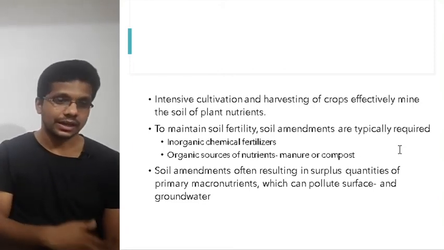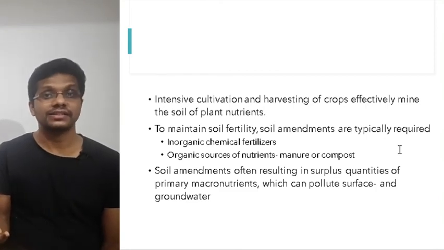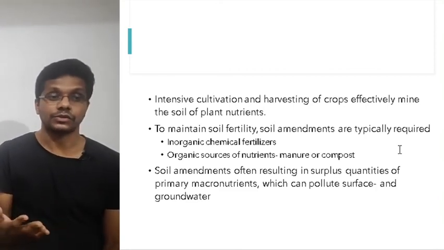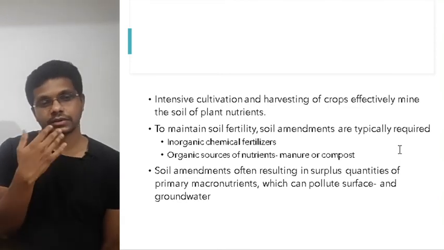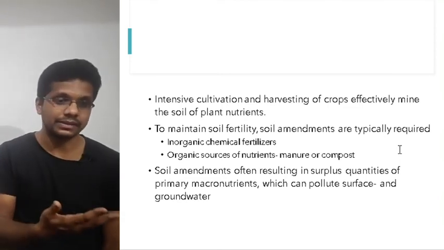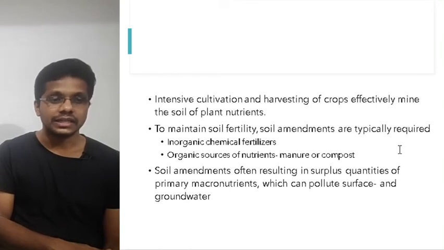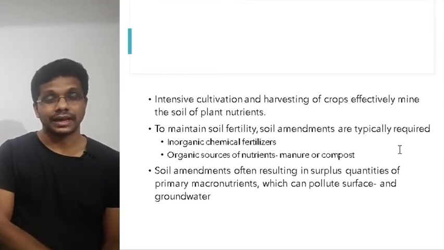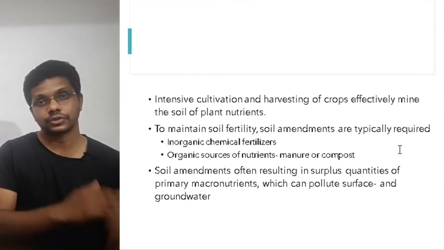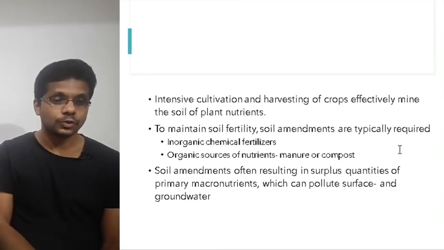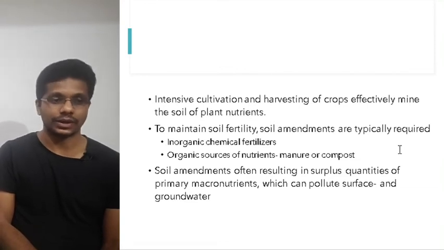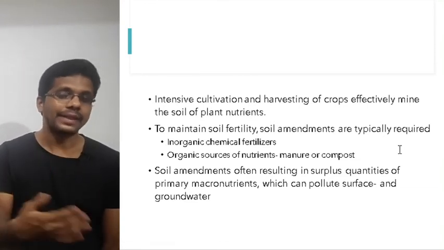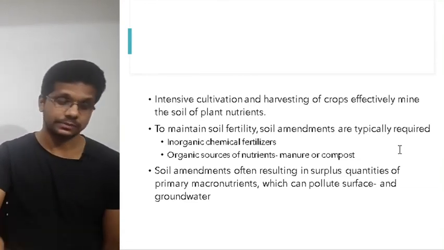These fertilizers can be inorganic chemical fertilizers, or organic nutrients like manure or compost. Whatever fertilizer or soil amendments we add will help the soil in some way to increase plant production, but it can also cause pollution of soil as well as the nearby water bodies. So the application of fertilizers should be very much controlled.